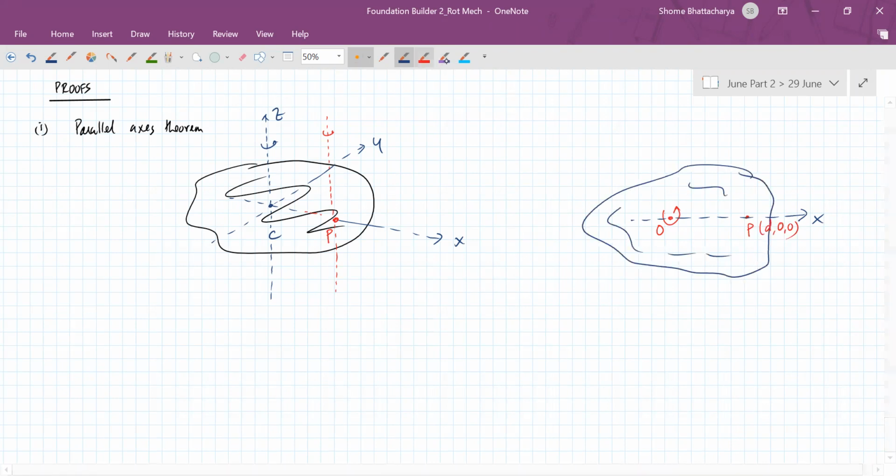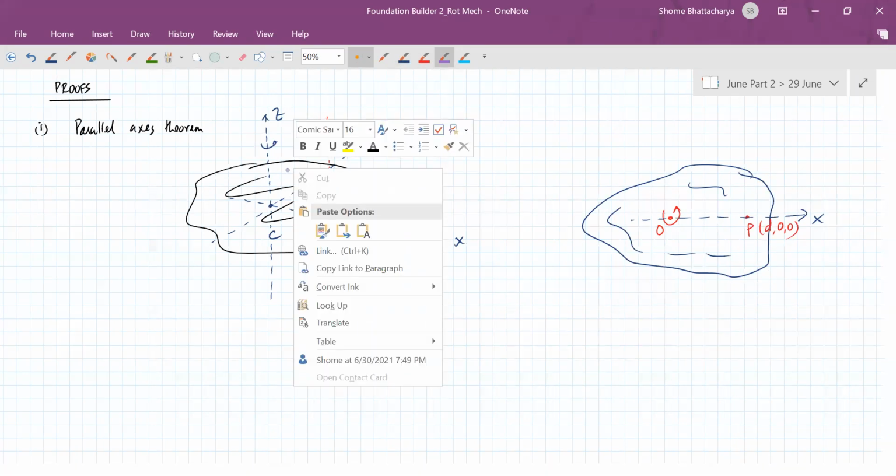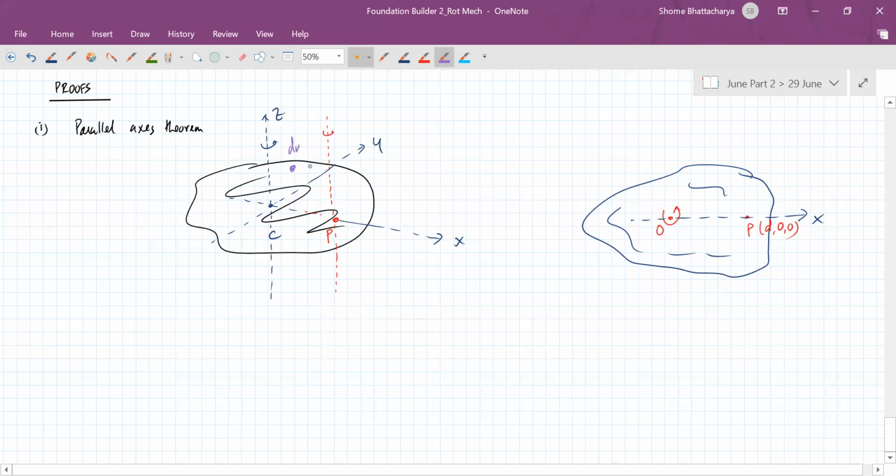Now consider any arbitrary particle within the rigid body of mass dm, which is located at a point x, y, z. That point in this diagram will look like this, though it actually might be outside the plane. So what is the perpendicular distance of this dm from the z-axis? Let's say r.